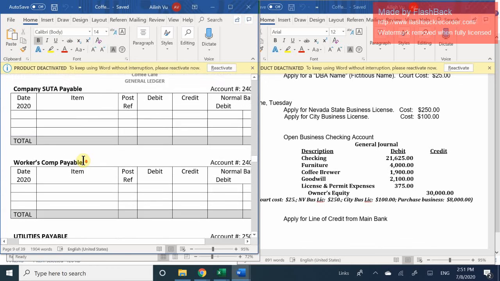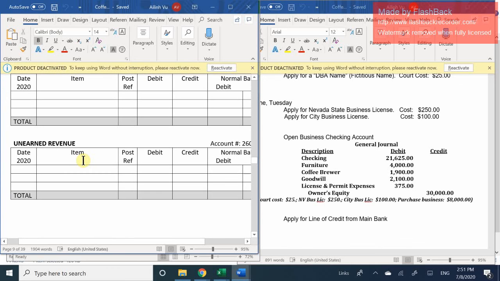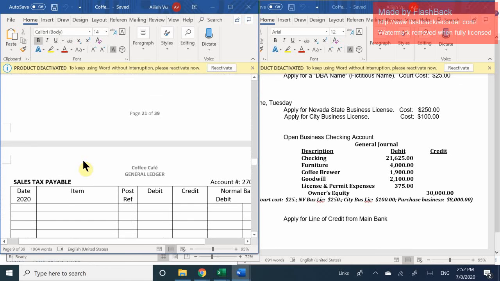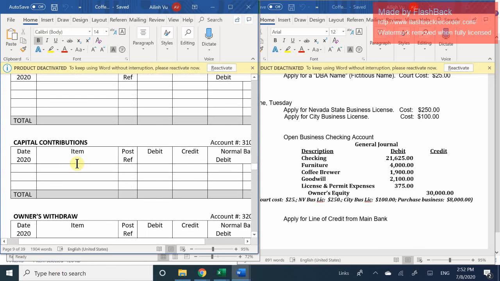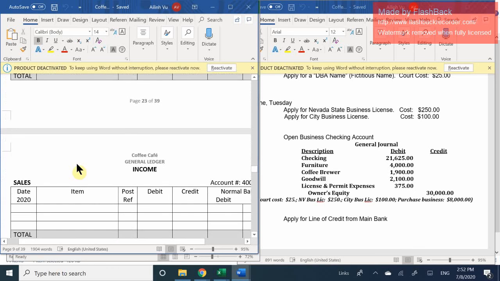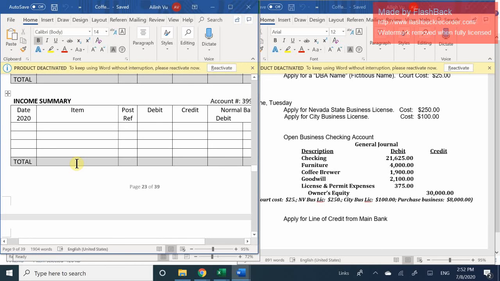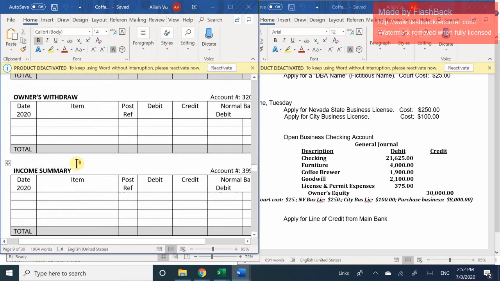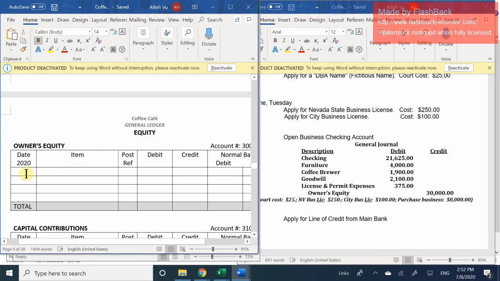I was looking at the other part and I didn't find it. Oh no, did I forget equity in this? Oh, no, this is sales tax payable. I saw you when you were scrolling. I think it's going to be on page 23. Owner's equity is at the top of page 23. Yeah, got it.